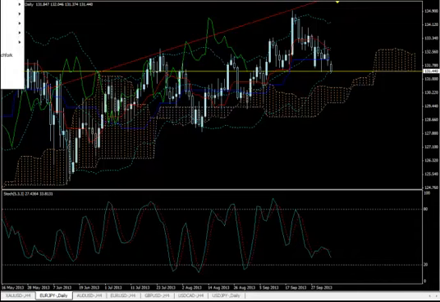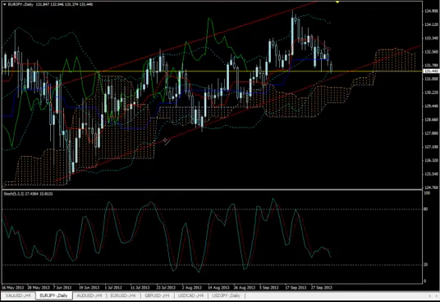And of course eventually it's going to break the upper trend line of the channel. That's the meaning of it. So here it is.